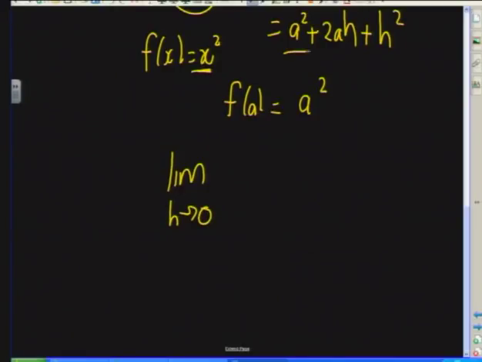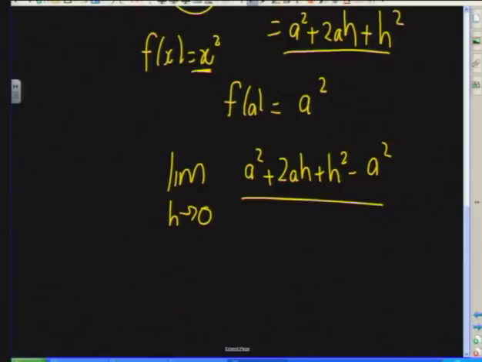So f of a plus h was that whole thing there. So it's a squared plus 2ah plus h squared minus f of a, and f of a gave me a squared, so I put that in, and then that's all over h.